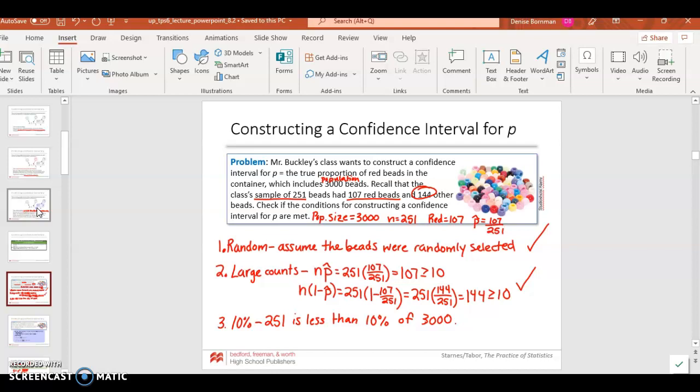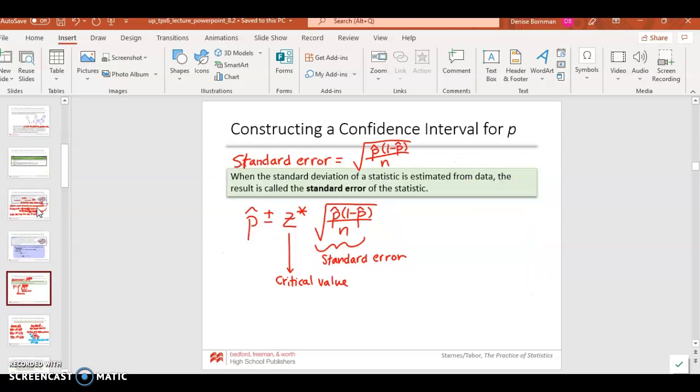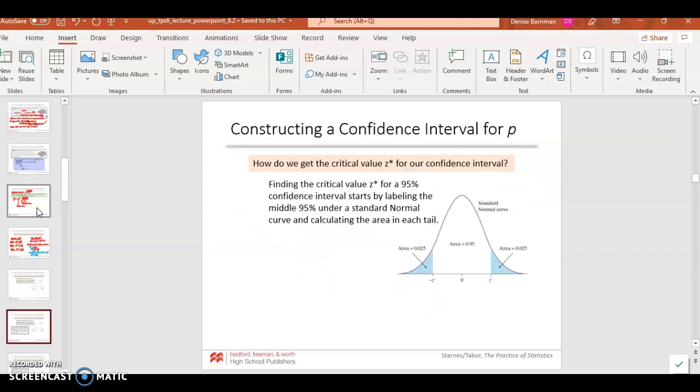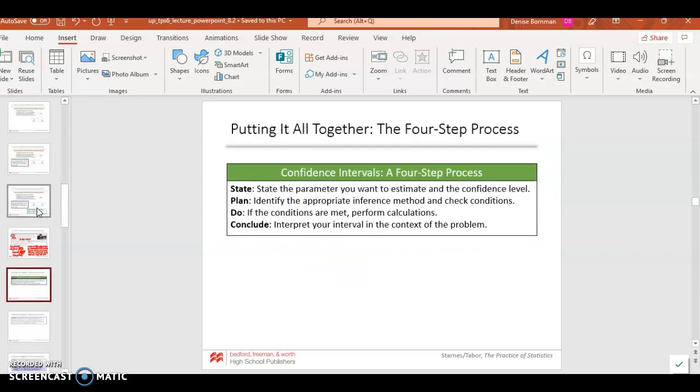So if you just want to go through and copy what we have done, I'm going to jump ahead to what we didn't talk about first semester, and that is what's called the four-step process for AP questions. I'm going to keep the smaller version up here so I can toggle back and forth a little bit easier. But this four-step process, and this is blank in your guided notes, 4 steps being state, plan, do, and then conclude.